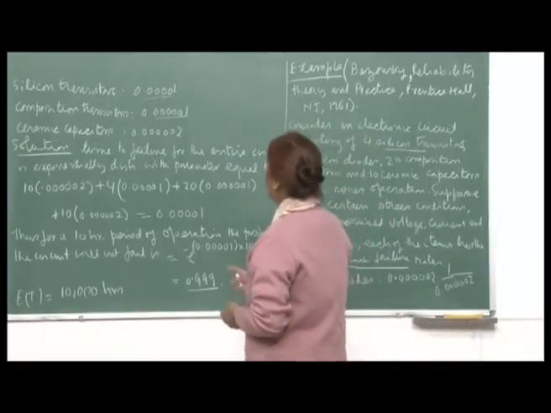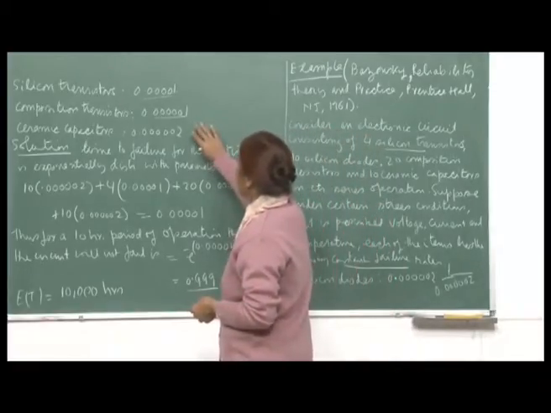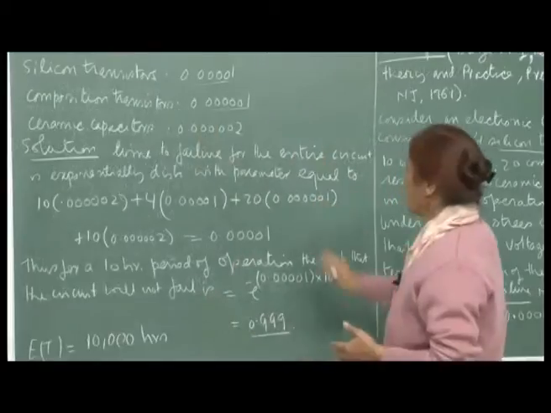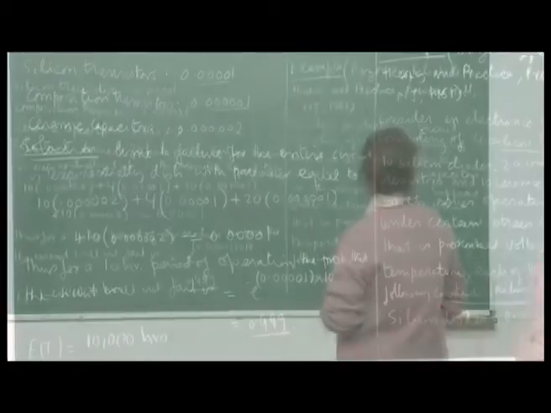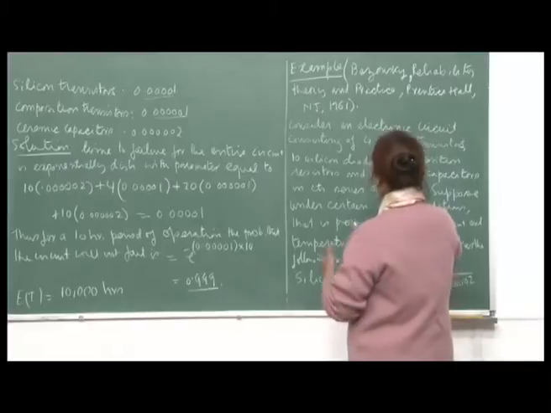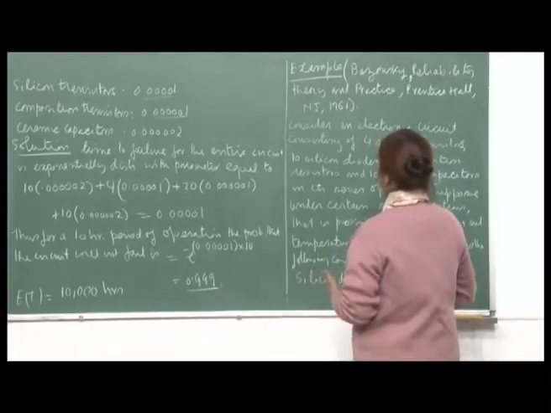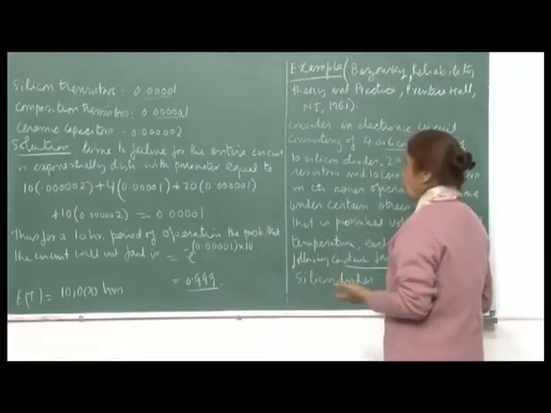So, similarly these are the various numbers. Each has an exponential failure law, and we are assuming that they are functioning independently of each other.